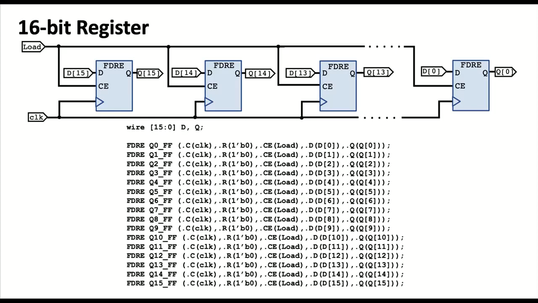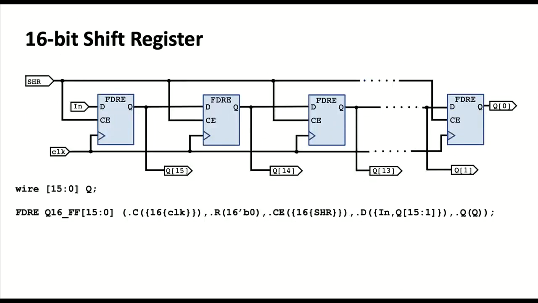Okay, what about a shift register? How would I do a shift register? Well, I can do the same thing. I'm going to have a bus of 16 flip-flops. 16 clocks, 16 zeros, 16 resets. Now I need an input.